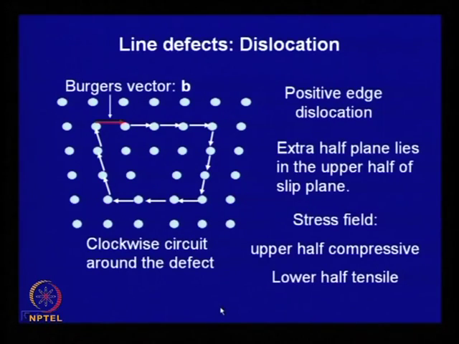Now, after this let us look at line defect. A point defect is dimensionless, meaning the defect is represented as existing at a particular point in the crystal. Now, a situation is a little different.